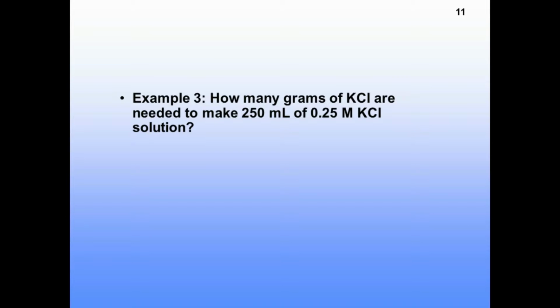So, let's plug things in. 0.25 molarity, which is the same thing as what? Moles over liters. All right, so they give us 250.